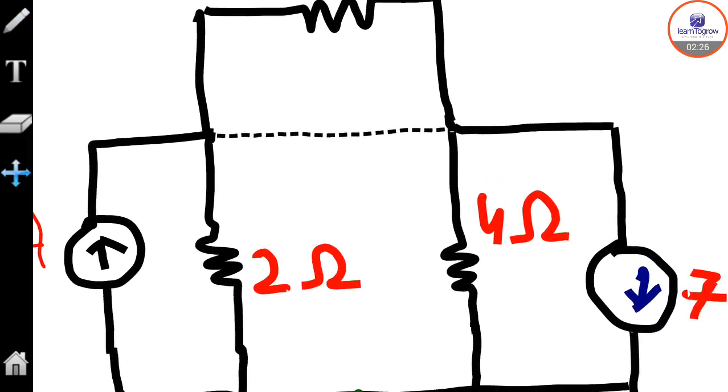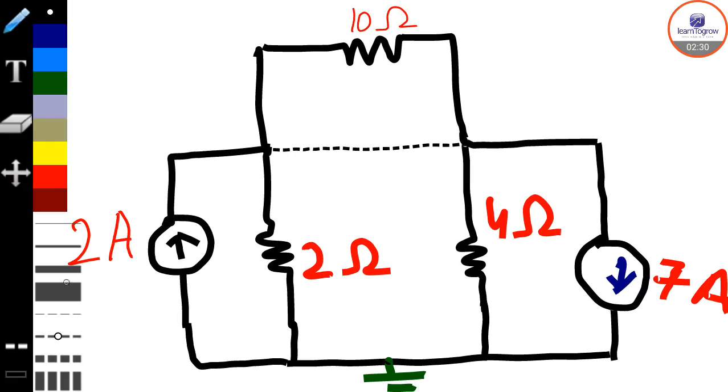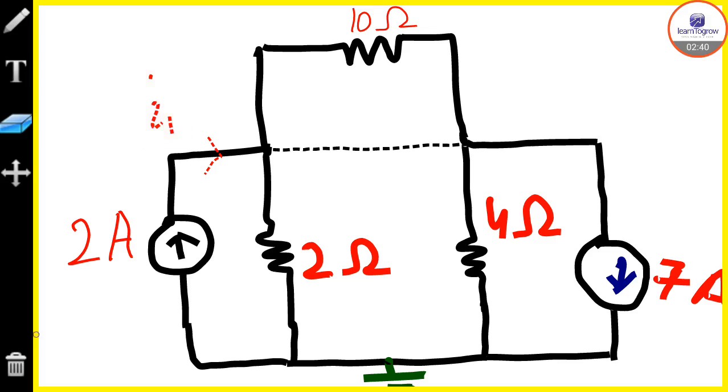Here you can see this I1, which is 2 ampere, flowing in this direction.